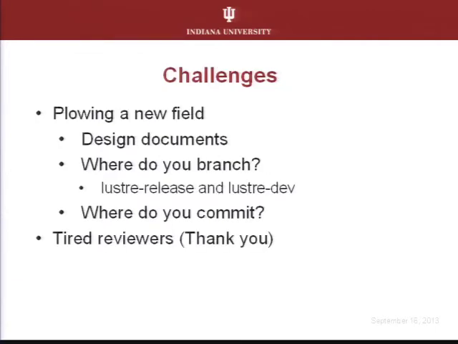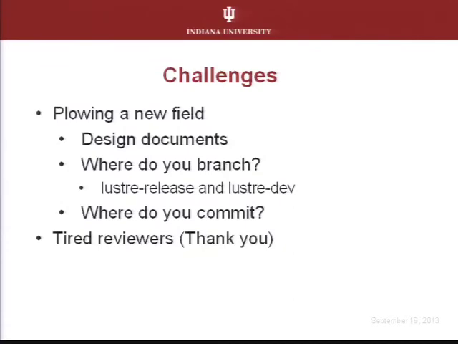We are the first OpenSFS project that isn't Intel, and in doing that, we're sort of plowing a new area here. When we originally submitted design documents to OpenSFS, there were no templates available, so we copied what other people had done.